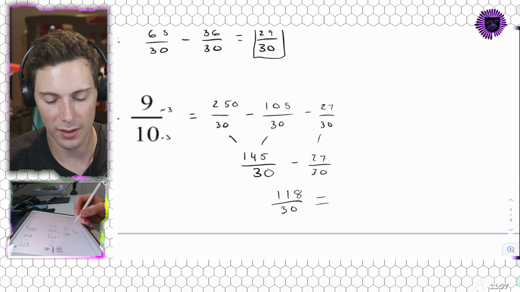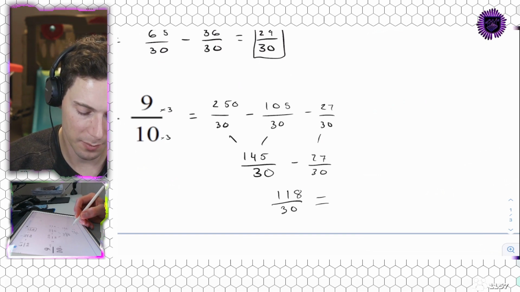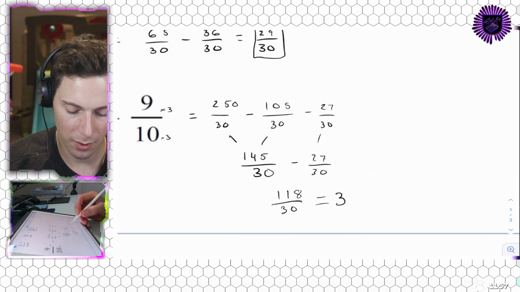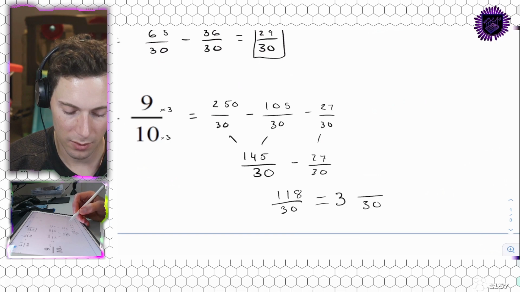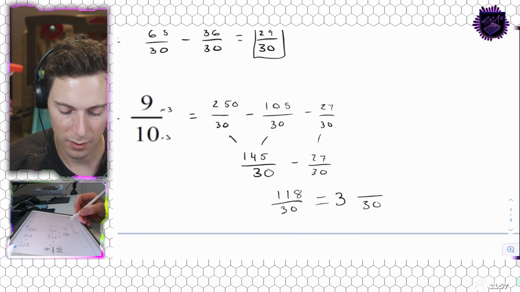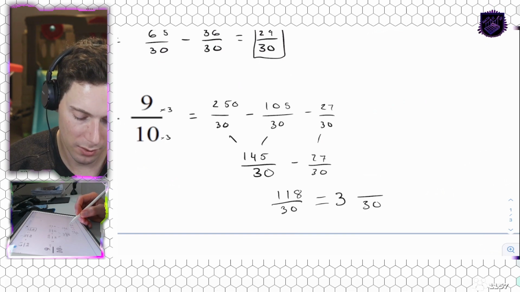118 30ths is equal to, doesn't go into 120. 30 will go into 90 3 times. So 3, and then 118 subtract 90 is 28.